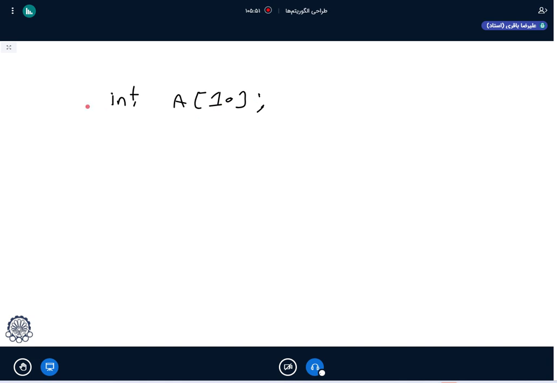This is an array of integers. This array has only 10 rooms, and the first index is 0, and the last index is 9.